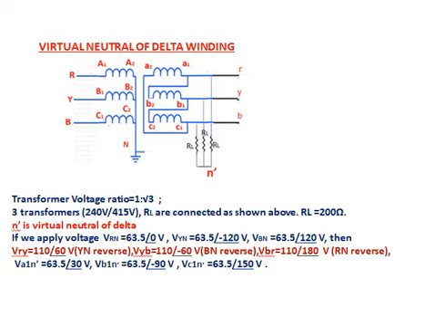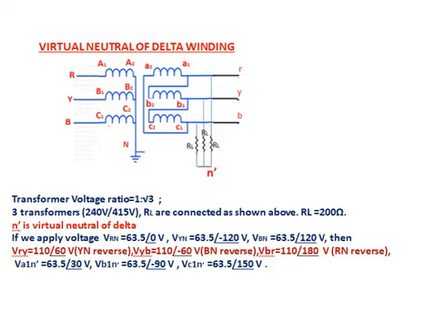If we apply voltage VRN equal to 63.5 angle 0, VYN equal to 63.5 angle minus 120, VBN equal to 63.5 angle 120 volt, then VRY equal to 110 angle 60, that is YN phase reversed. VYB equal to 110 angle minus 60, that is BN phase reversed.